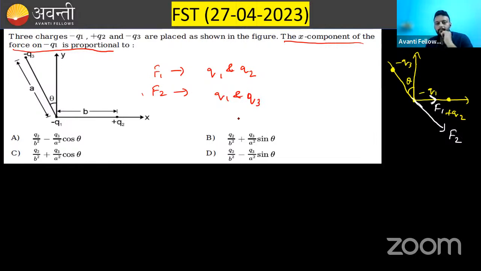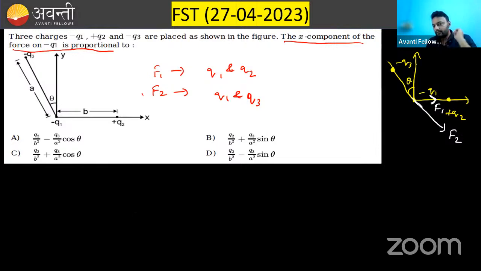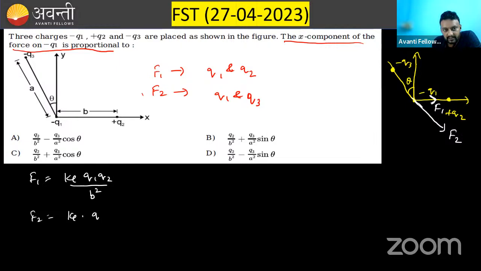Clear? Now, we can calculate the values of F1 and F2 very easily. What is the value of F1? You know that F1 is nothing but K into product of charges, that is Q1 Q2, divided by separation square. Separation is given as B square. Similarly, F2 will be K into product of charges, that is Q1 Q3, divided by separation, which is A square.